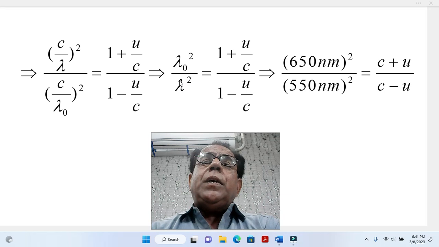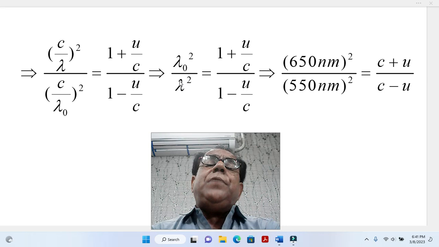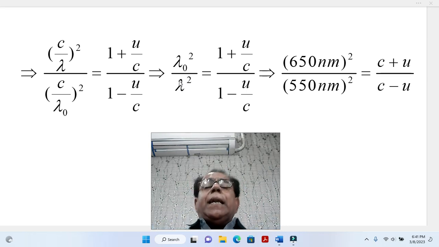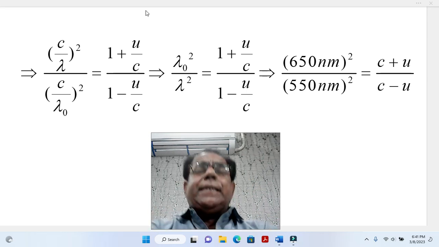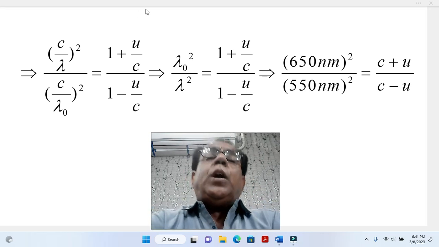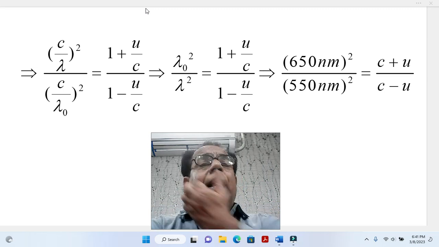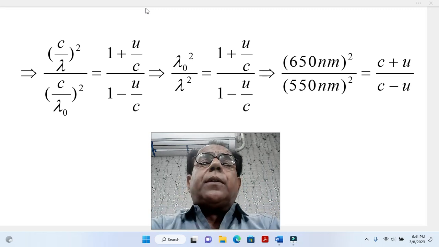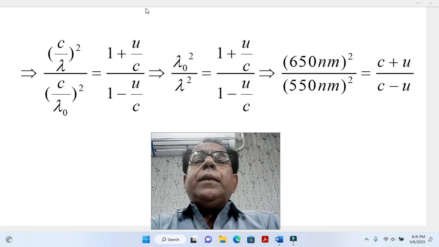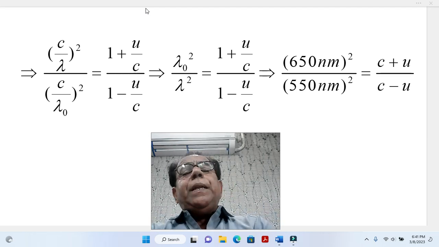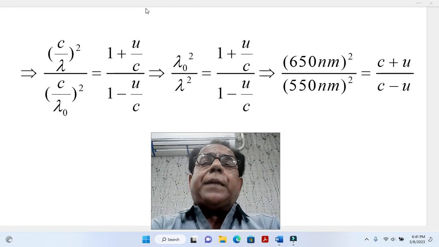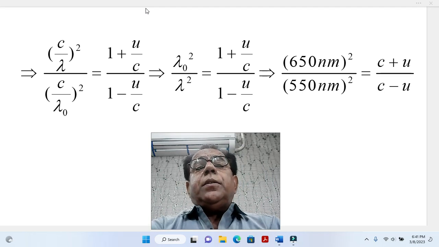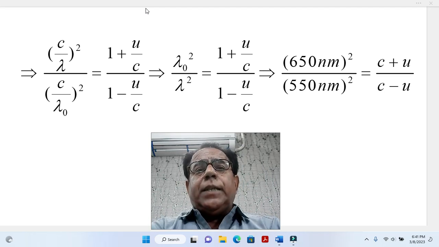That is, for that light the frequency will be f naught and the wavelength will be lambda naught. And for the light which is mentioned at the second stage, we will not use the subscript naught. So for the second light, simply f and simply lambda will be the frequency and wavelength respectively. I think it is clear.